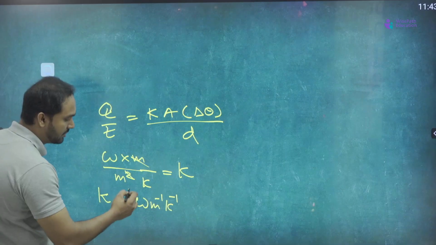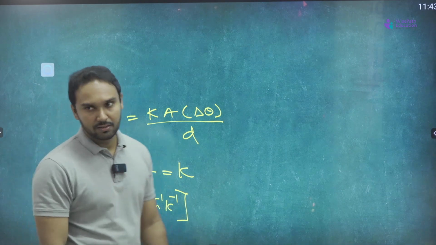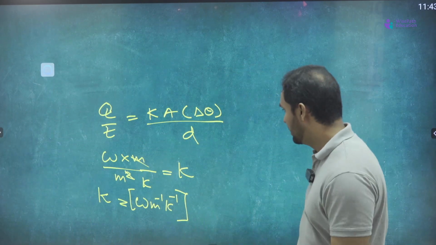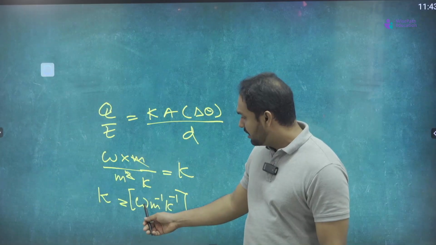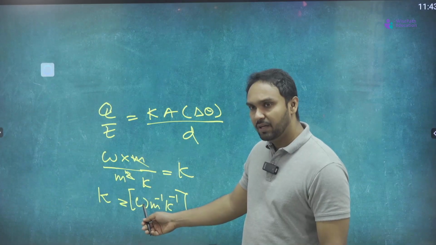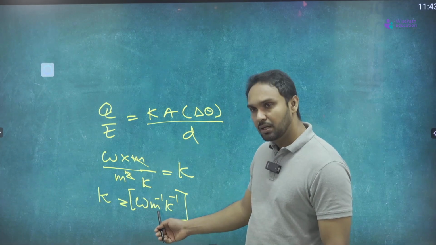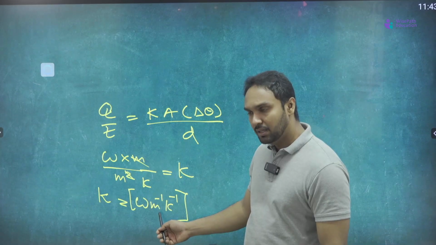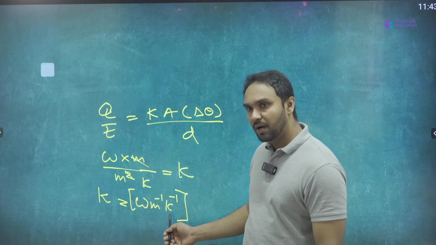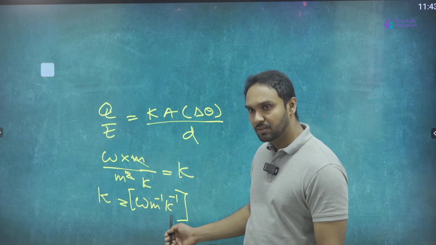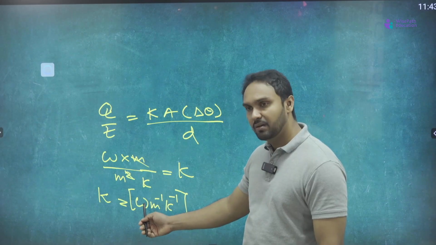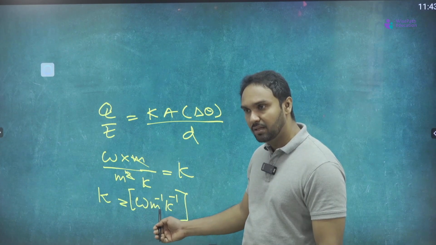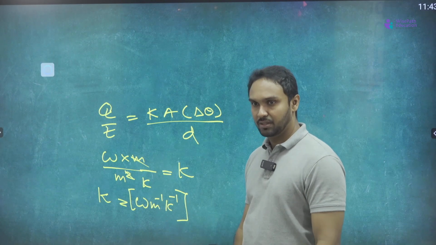Now these are the units of conductivity. So what does the conductivity say here? The rate of heat flow per 1 meter length and 1 Kelvin temperature difference, or the rate of heat flow per unit length per unit temperature. Get it?